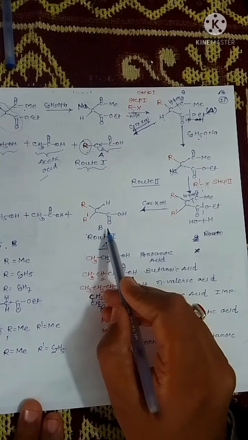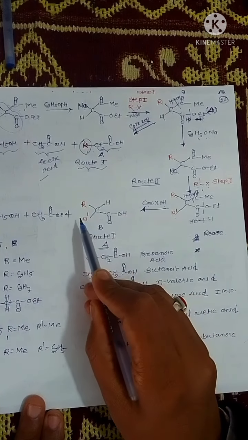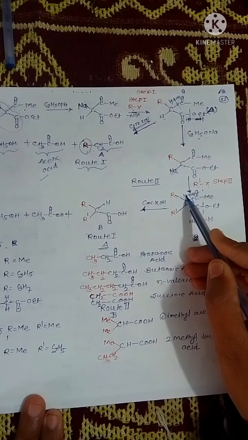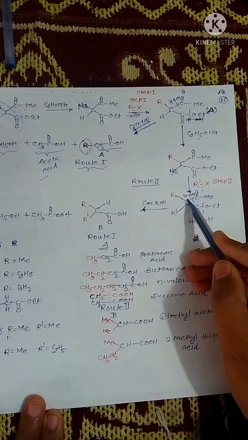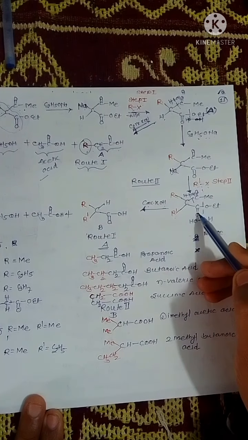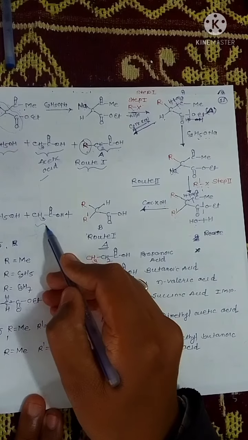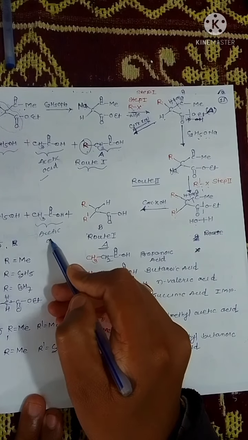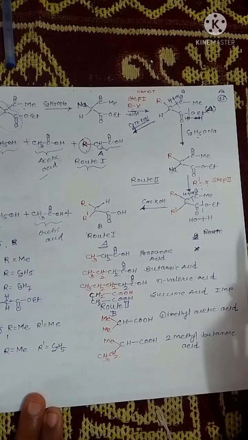That is, we get an acid here, that is R C R dash CH COOH, one molecule of acetic acid, and ethyl alcohol goes away.